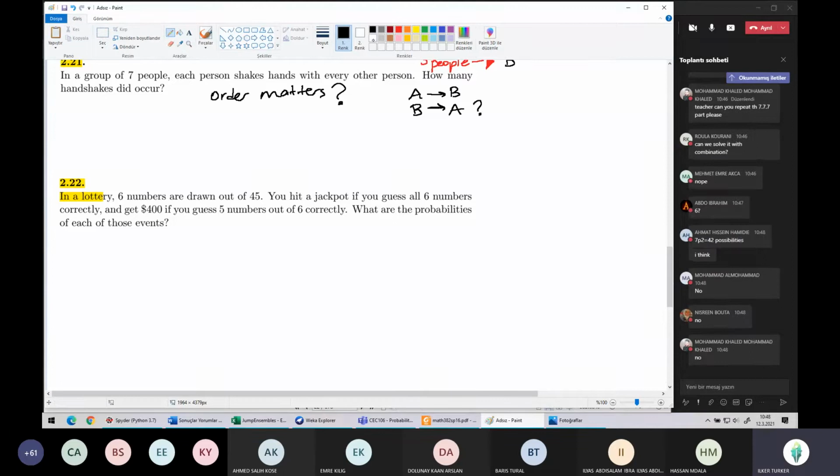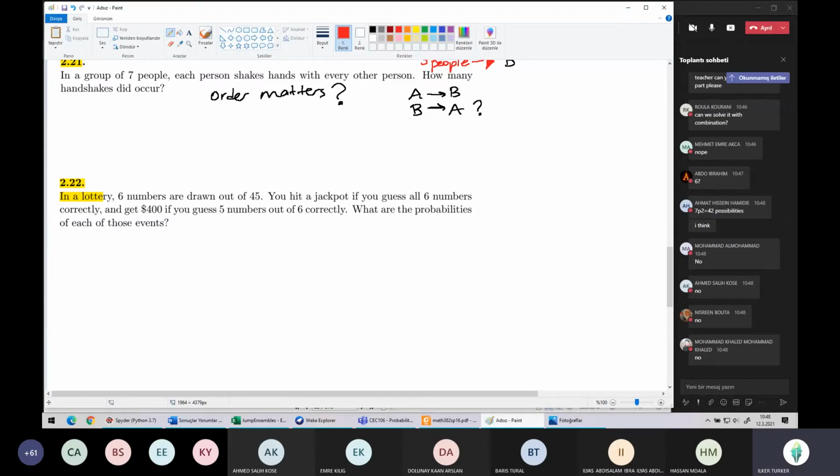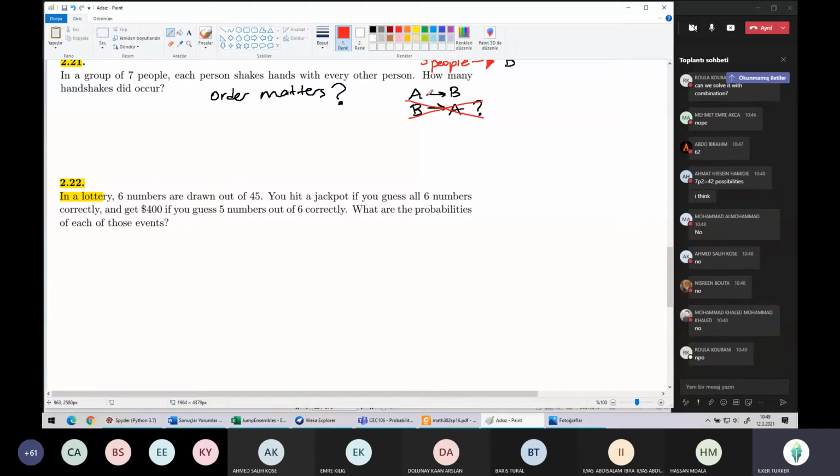No, they will not handshake twice. So this is a two-way relation. So order does not matter. So what does it mean? Combination. 7 combination 2 is the solution for this question.